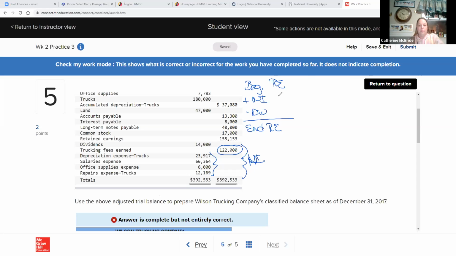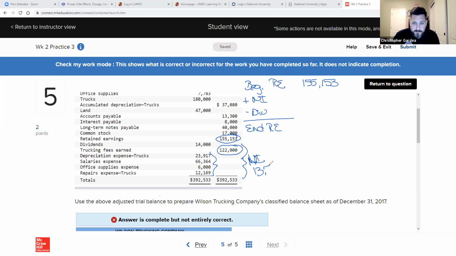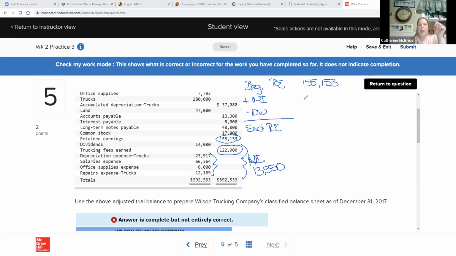So our beginning retained earnings is 155,153. I got that right here. Our net income is 13,550. So we're going to add 13,550, and we're going to subtract the dividends of 14,000.